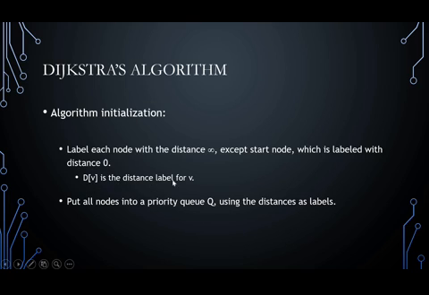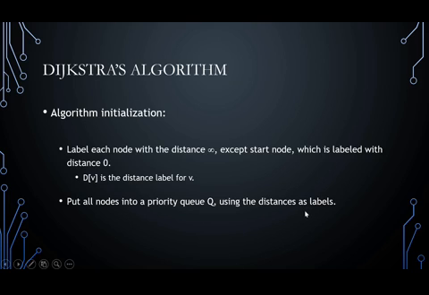Then D of V is the distance label for V. Then we try to find out the distance of V. Distance of V from where? From the source, or from the start node. So from the start node to each and every node, I try to find out the direct distances and I call it dV, distance of V. Put all the nodes into a priority queue using the distance as labels.